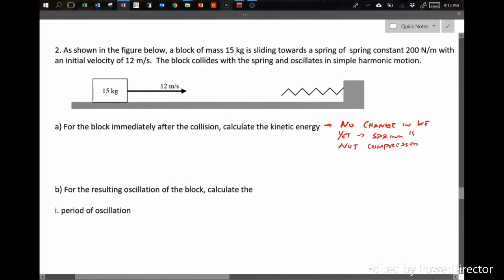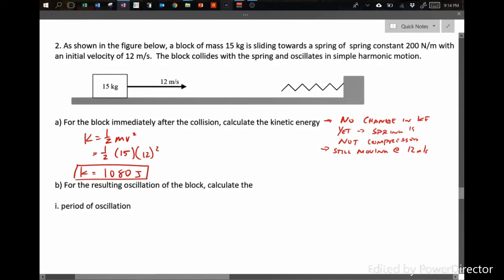There's no potential energy yet, so everything's still kinetic energy. This thing is still moving at 12 meters per second. So the kinetic energy, 1/2 mass times velocity squared, that's going to be 1/2 times 15 times 12 squared. So the kinetic energy here comes out to be 1,080 joules.